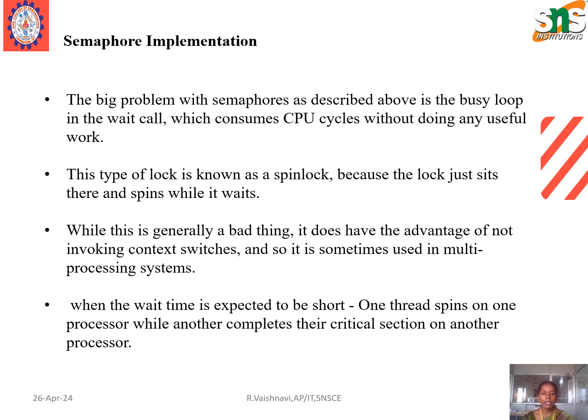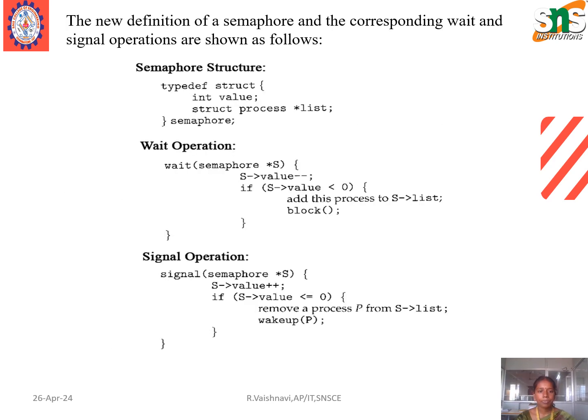While this is generally a bad thing, it does have the advantage of not invoking context switches, and so it is sometimes used in multiprocessing systems when the waiting time is expected to be short, where one thread spins on one processor while another completes its critical section on another processor.